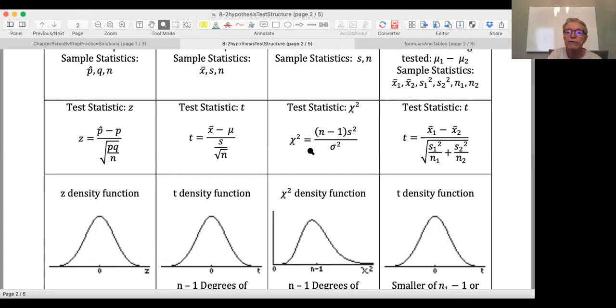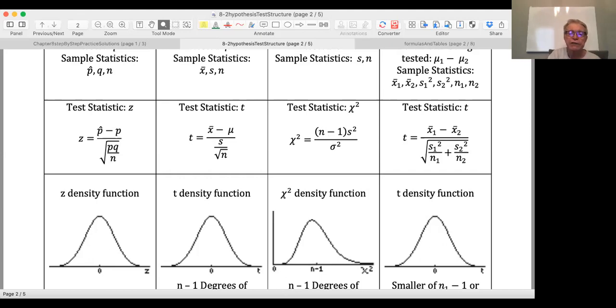So our values of chi-squared are going to be significantly larger than n minus 1 out here, or significantly smaller than n minus 1 down here, or again in the tails. And that's why we're using these formulas right here for the test statistics, to come up with that observed value that we're going to use to determine if it's unlikely or not.